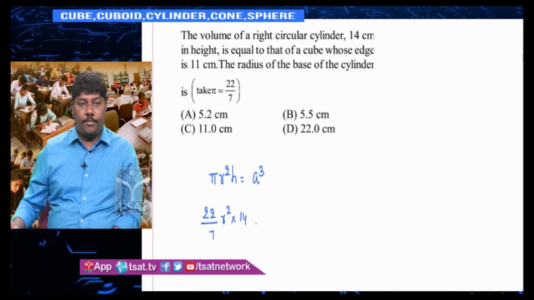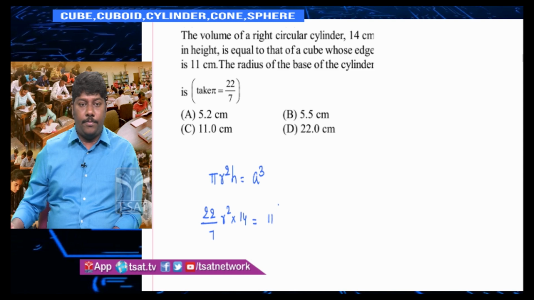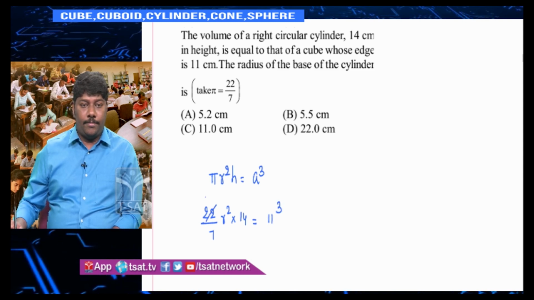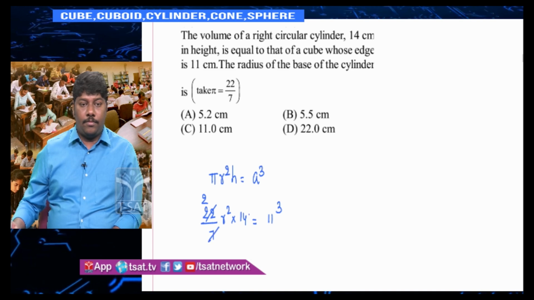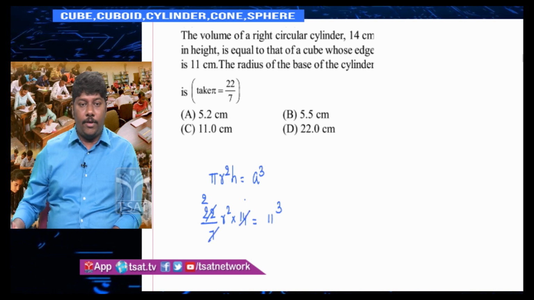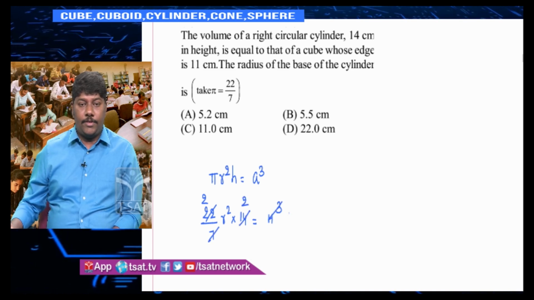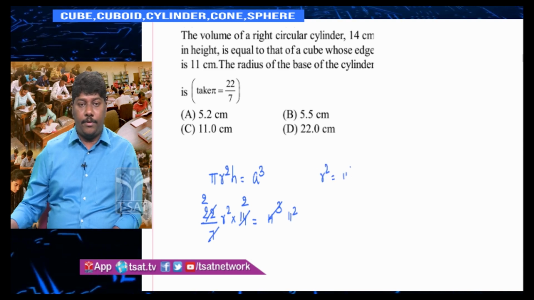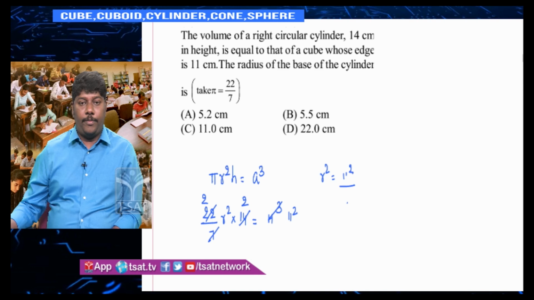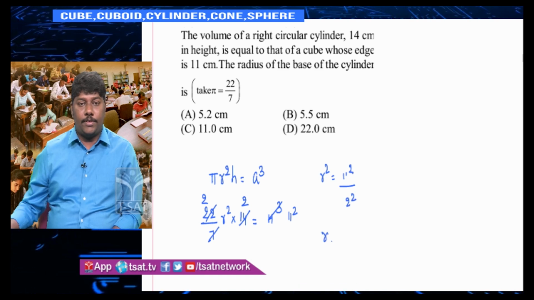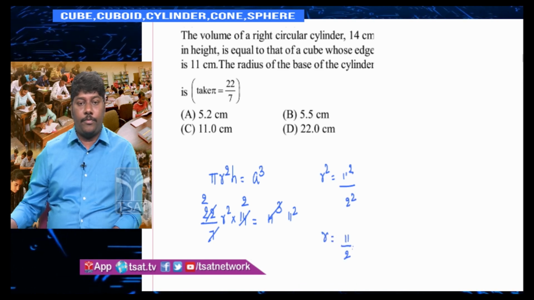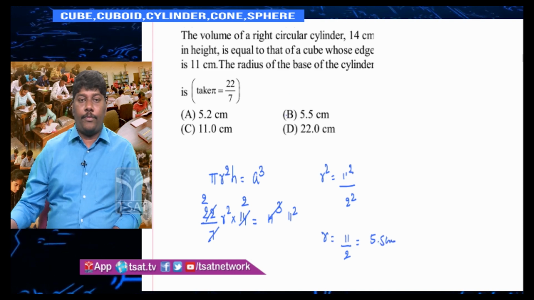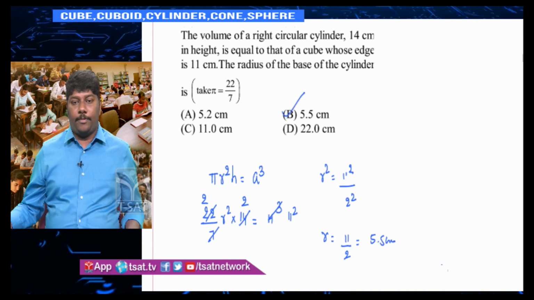Height is 14. Cube edge is 11 cube. 11 ones, 11 twos. Then after you got 2 here, 11 square will be left out. Now R square is equal to 11 square by 4. 4 means 2 square. Now R is equal to 11 by 2, which is 5.5 centimeter. The answer is 5.5 centimeter.